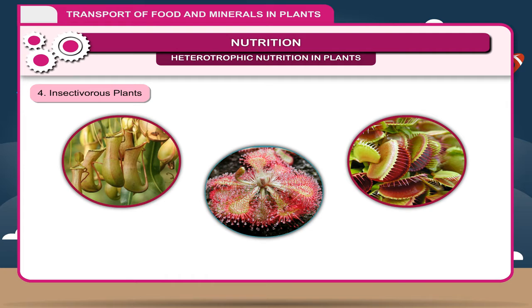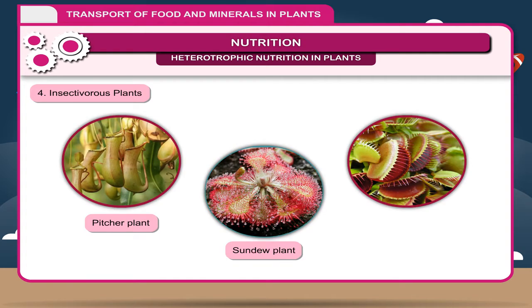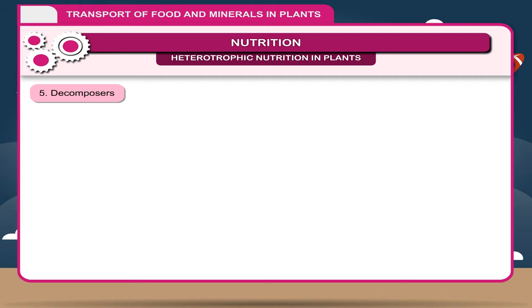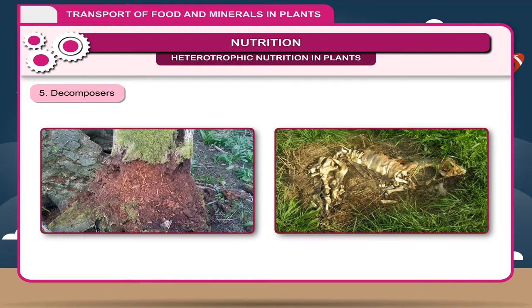In these plants, the leaves are modified, which helps in catching the insects. Examples: pitcher plant, sundew plant, Venus flytrap, etc. 5. Decomposers. There are certain microorganisms, such as bacteria and fungi, that decompose the dead remains of plants and animals, called decomposers. They maintain the balance of nutrients in nature.